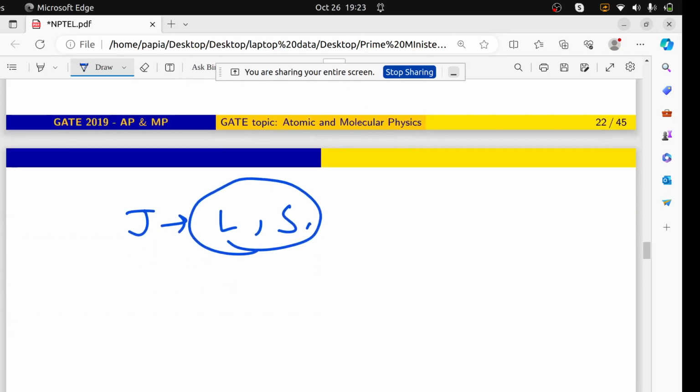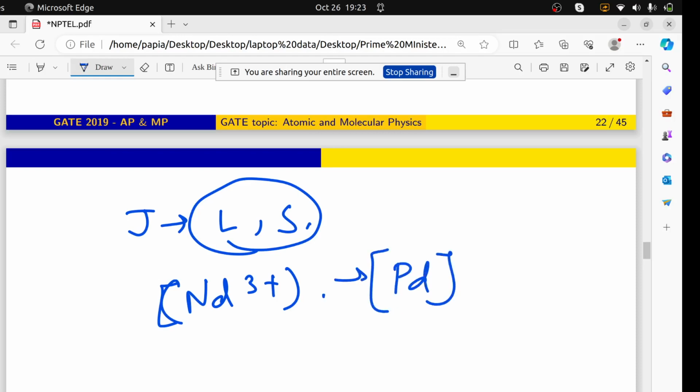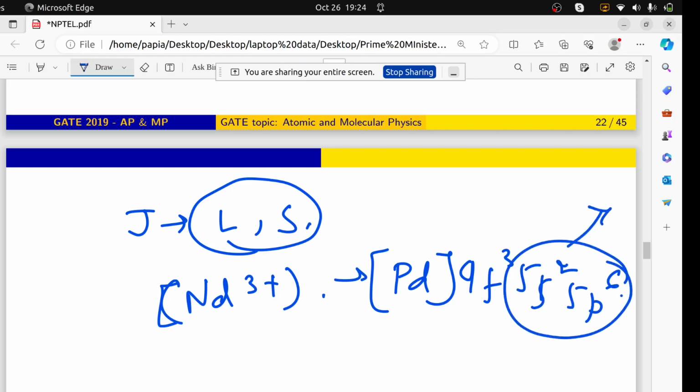I got those from the electronic configuration of Nd3+, which is 4f3 5s2 5p6. Now 5s2 and 5p6 are fully filled, so there is no contribution from these two. There is only one thing which is unfilled, and the main contribution of J will come from this unfilled state. So that's why I have written like that.